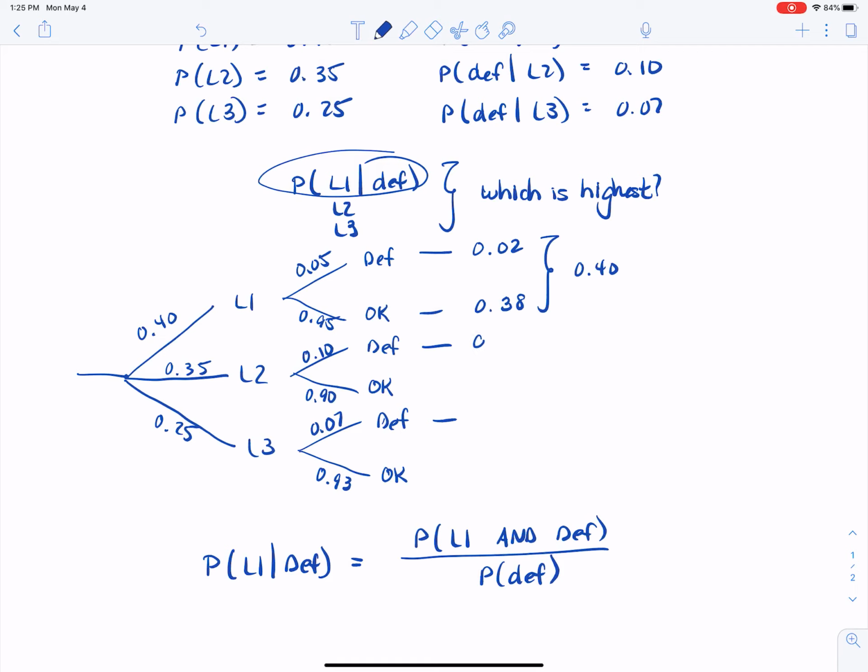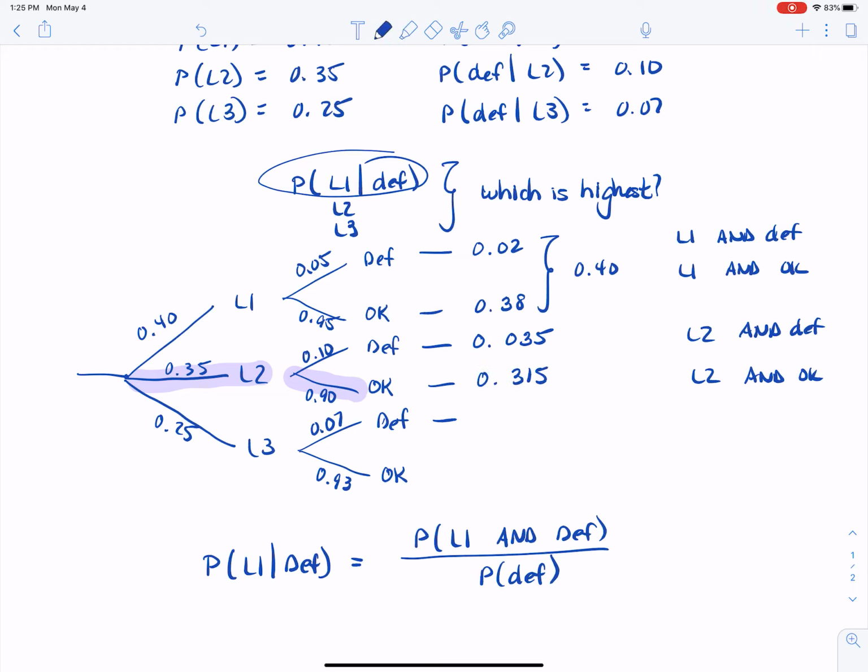If we keep multiplying, that's 0.035 for line 2 and defective. So this one is line 1 and defective, line 1 and okay, line 2 and defective, and the like. Finding line 2 and okay, multiplying along this branch followed by that branch, we should have 0.315, and observe, they add up to 0.35.